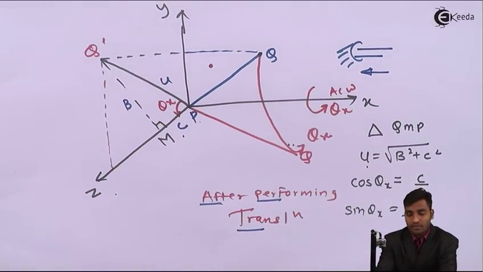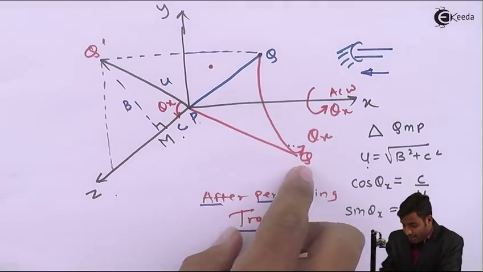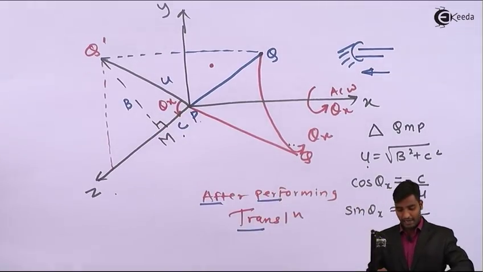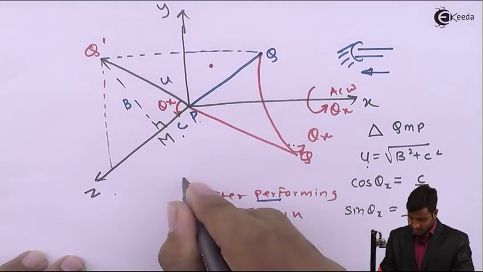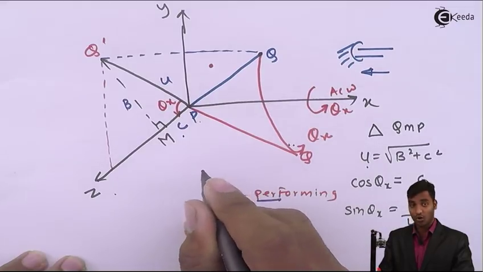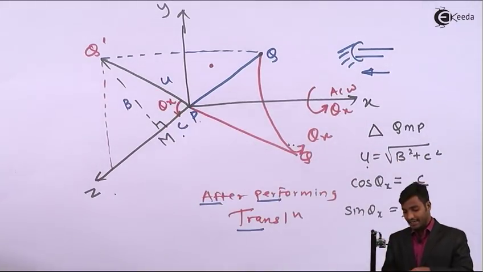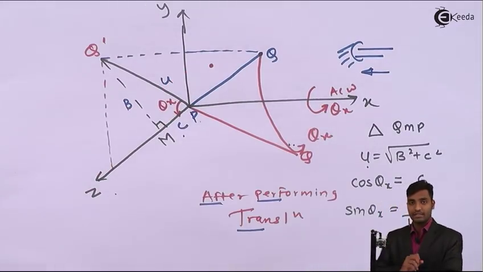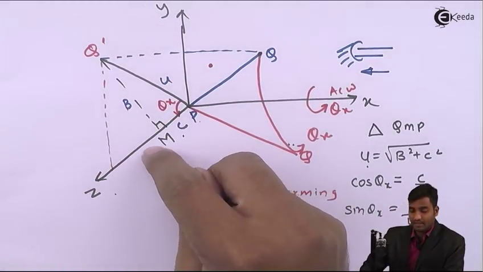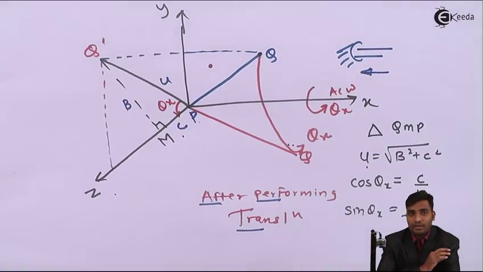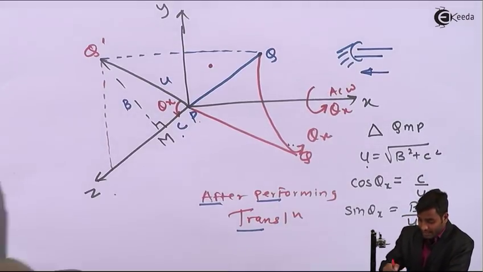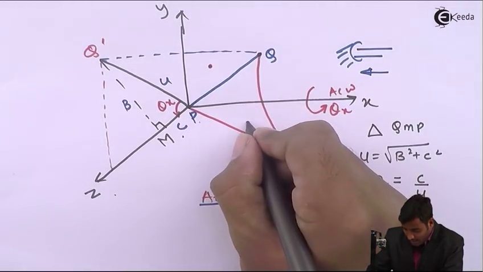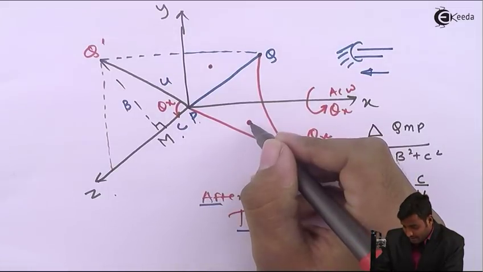So now we will rotate this line PQ in the clockwise direction so that it will coincide with the z axis, and once it is coincided with z axis, we can perform the standard transformation matrix. The point is also rotating. Initially the point was here and now the point has come here.